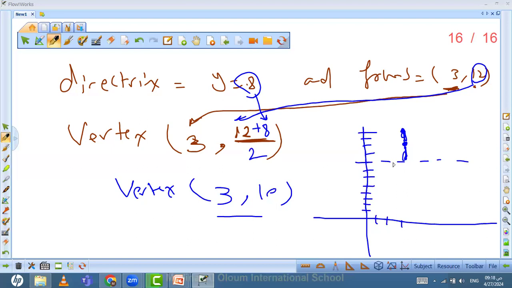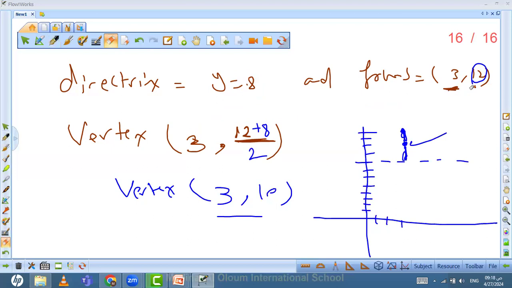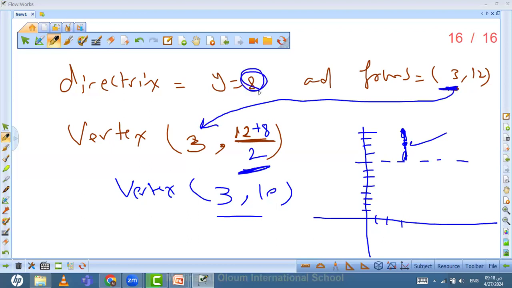It means this is the vertex. To get the vertex, I put the focus x as it is, I put 3 as it is. How would we get y? I'll take the directrix plus y, divided by 2, to get the vertex.